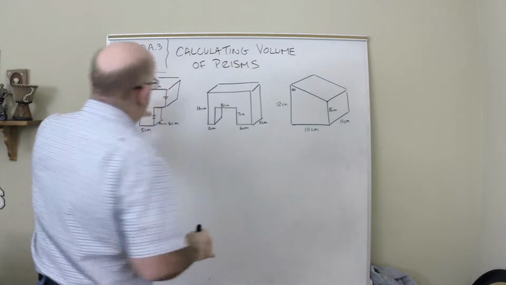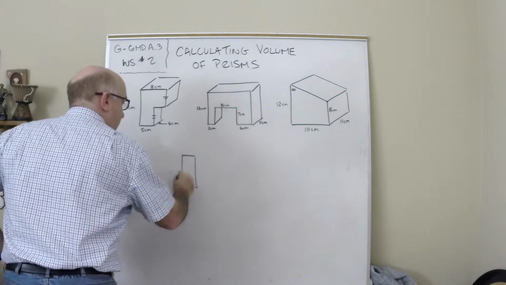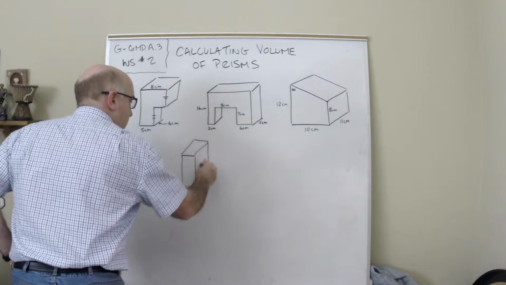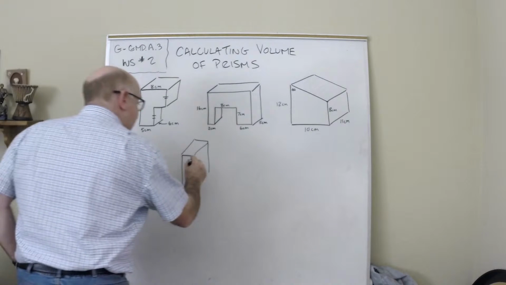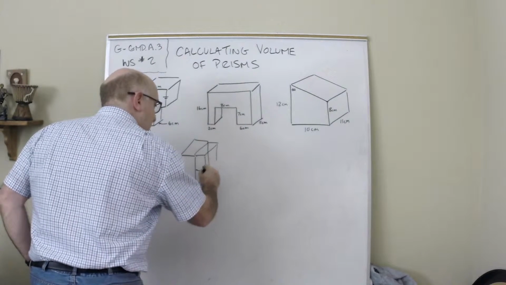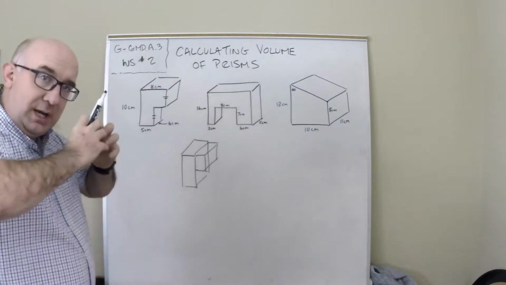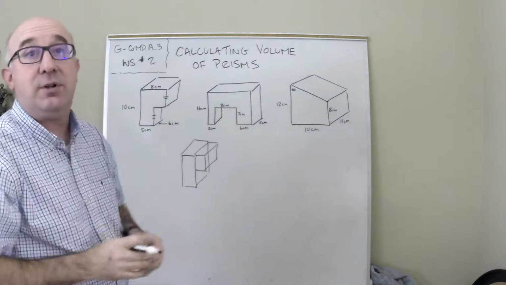Sometimes people think about something like this, and they want to think about the volume of this piece, calculate that, which is fine, and then calculate this additional piece and basically add its volume on. So do it like two chunks, one volume chunk added to another volume chunk.